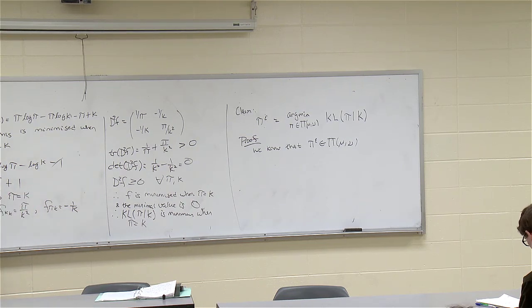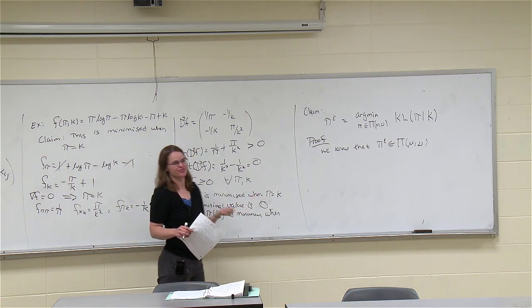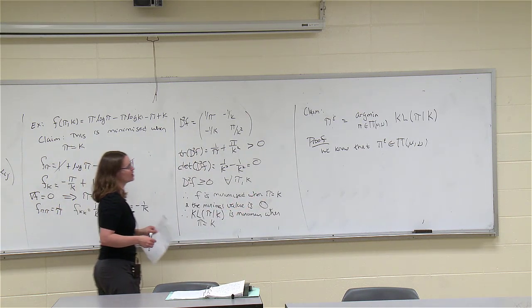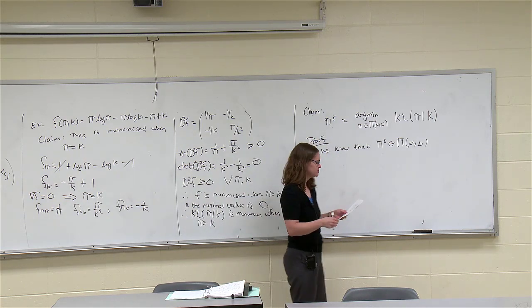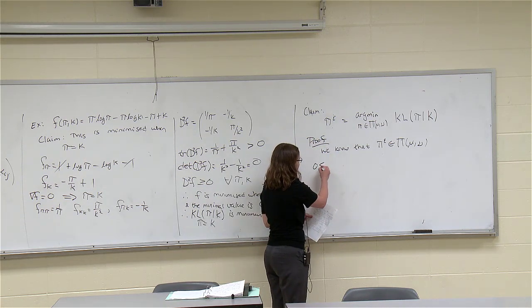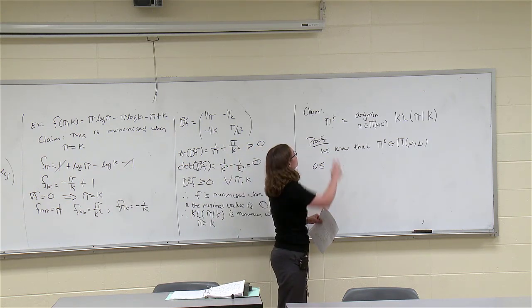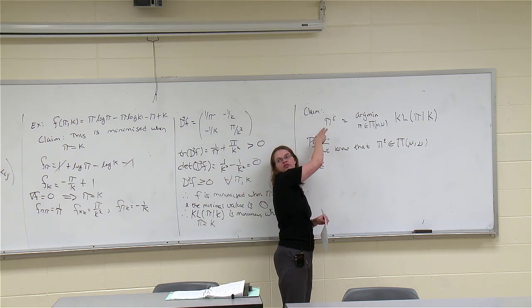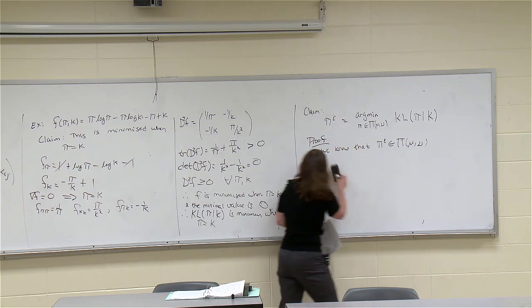And having the goal in mind is important when you're trying to reverse engineer the type of distance you want to use, for example. So we have a goal, and we can write down the things that we know. It's the same things that we wrote down last time. We know where pi epsilon comes from. It comes from a minimization problem. So let me write one more line here.